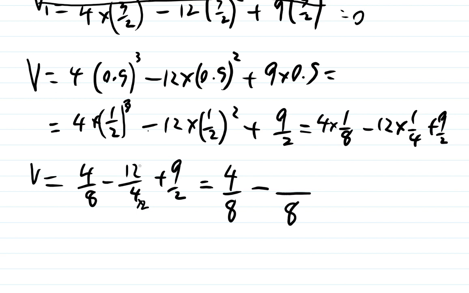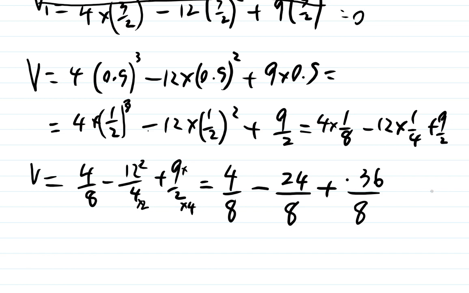If you multiply this by 2, we get 24. Plus, we multiply this by 4 and we get something over 8. If we multiply the 9 by 4, we get 36. So we have 4/8 minus 24/8 plus 36/8.